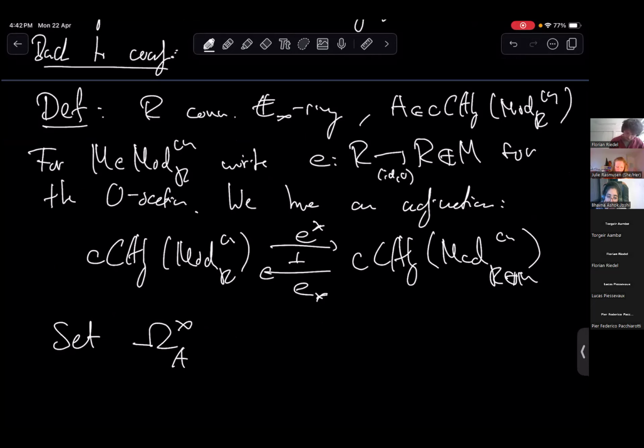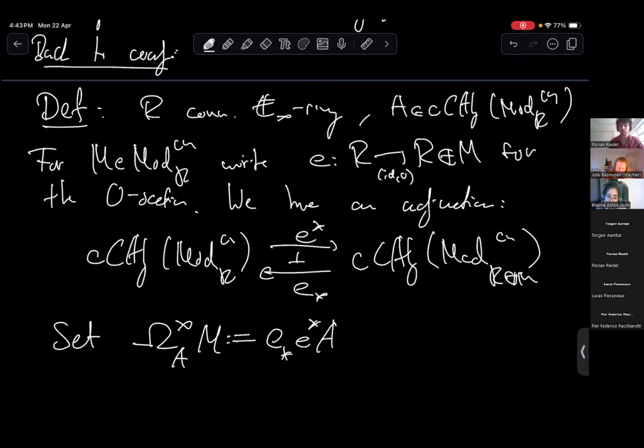We have this adjunction, and we set, and this is very suggestive notation, which I can justify further, Loops infinity A of M. This doesn't mean anything, it's just a notation. Define this as you take A and you base change it up, and then you take the right adjoint back down.